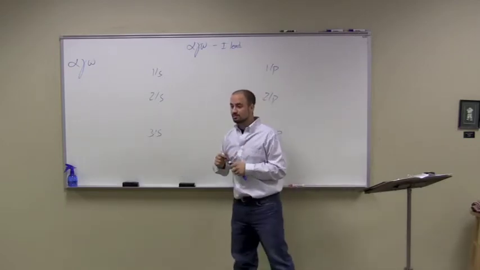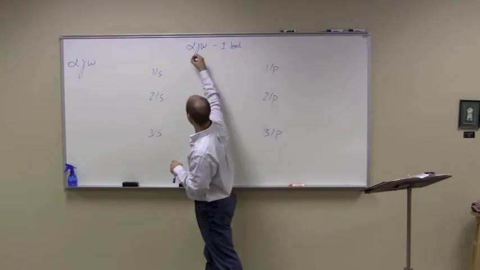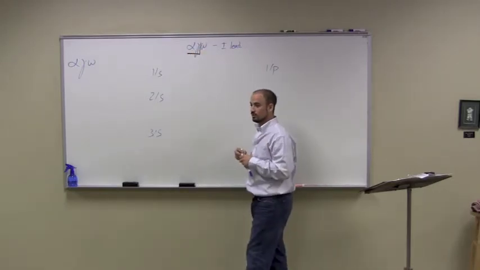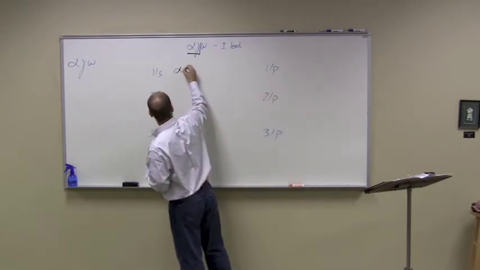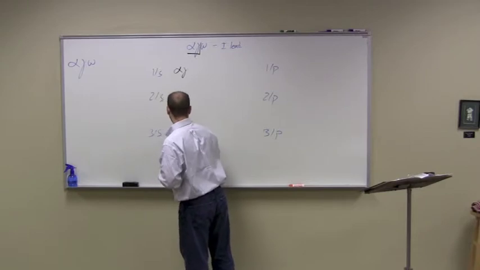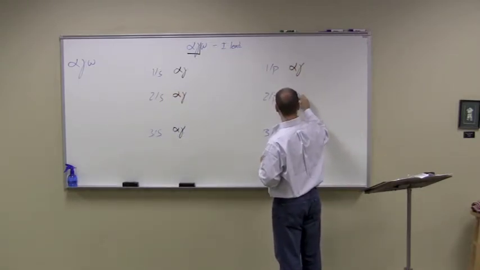What do we do with this? Pick the stem. Which is? Alpha, gamma. Good. Alpha, gamma. Then we do what with it? Write it down 6 times. And we want to make this future, right?